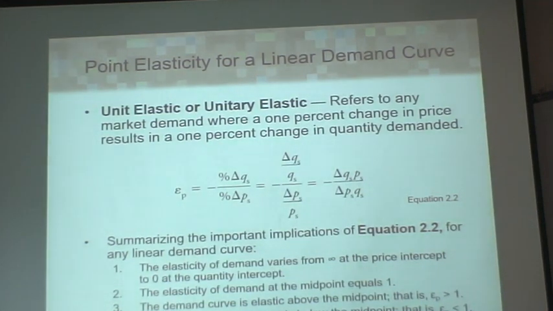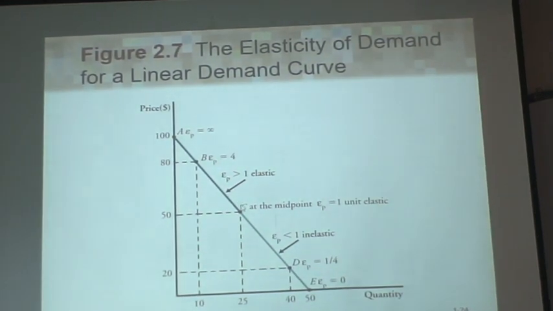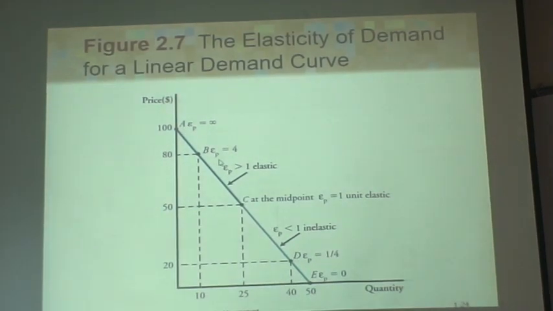We talk about this with algebra, okay, also with geometry. Okay, so see here, right? Remember when we've done this before? When this point is at the midpoint, the elasticity is equal to 1. And when the price goes up, what happened to the elasticity? The elasticity also goes up.